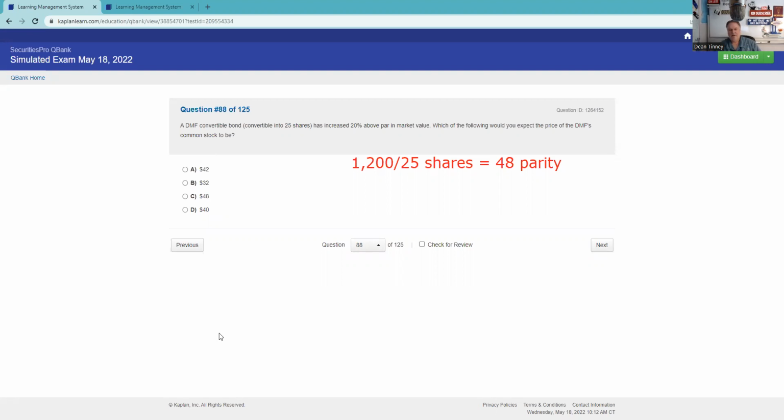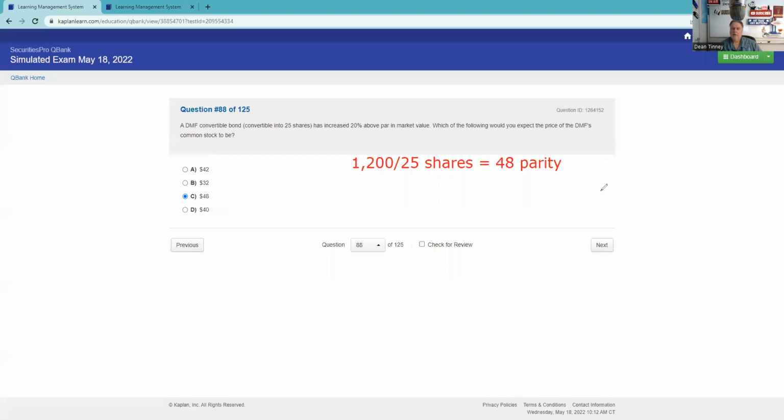I don't like to say that it's 48, but that's my best answer. I would want the stock to be close to this, though there'd be some time value. That's something I'm struggling with here. But given my answer set, it looks like what they're getting at is this thing about parity. You're definitely going to have to do parity. I don't like the phraseology of this particular question, but oh well.